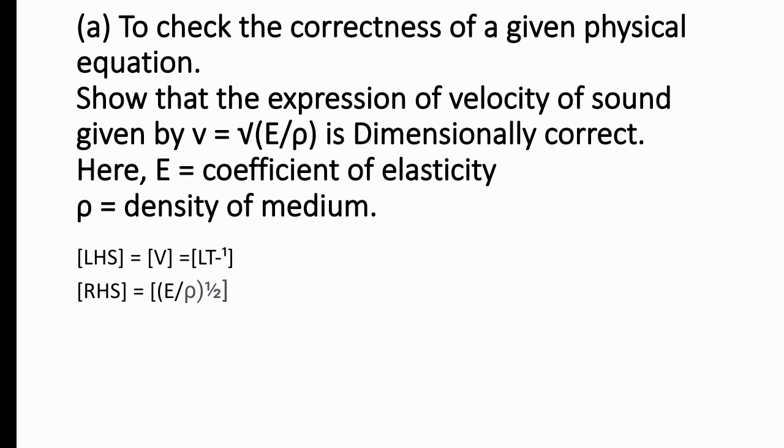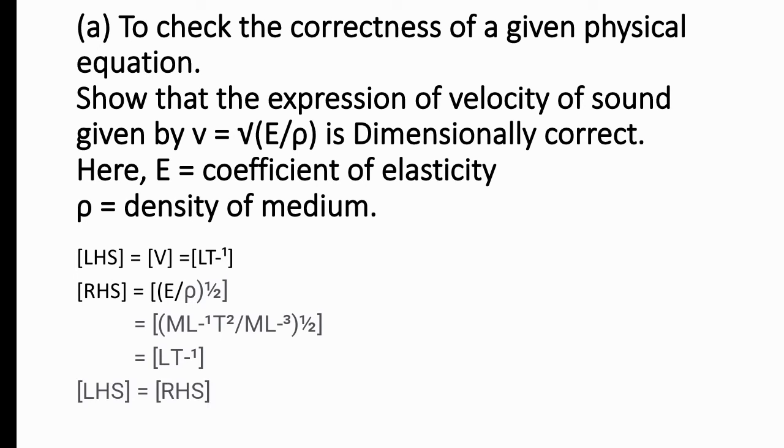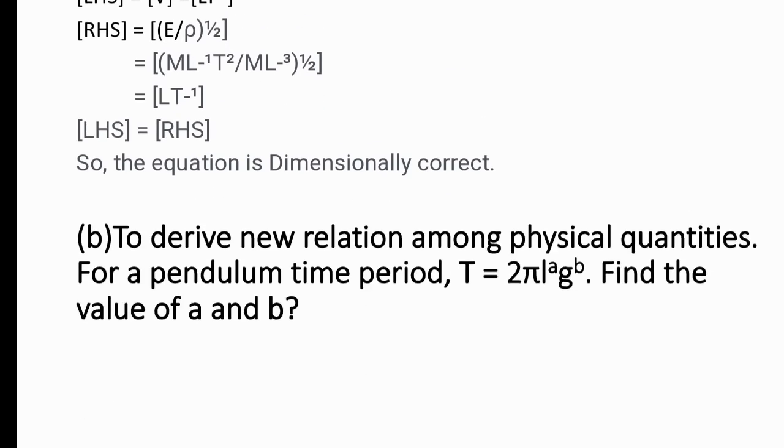On the RHS, (E by rho) to the power half. E has dimension M L to the power minus 1 T to the power minus 2 and rho has dimension M L to the power minus 3. If we put these in, we get L T to the power minus 1. So LHS and RHS are the same, and the equation is dimensionally correct.